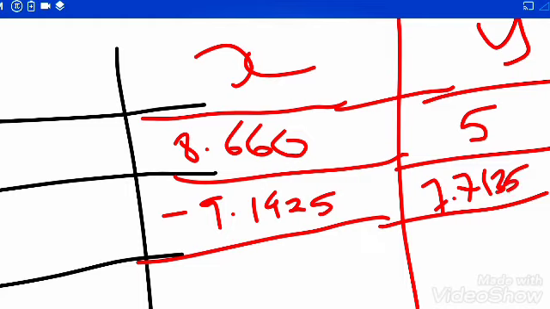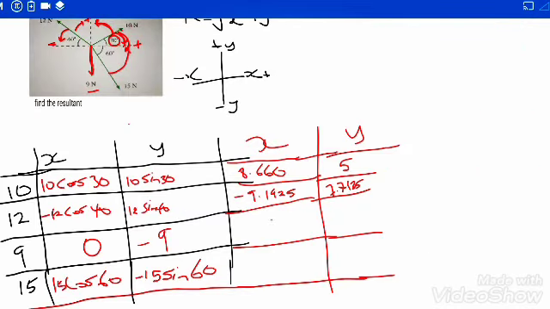The next one is still going to be 0 for x, and minus 9 for y.